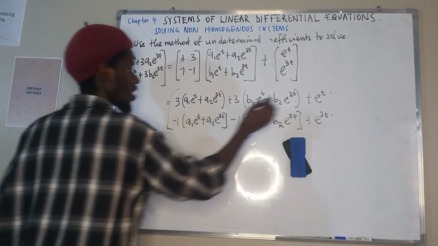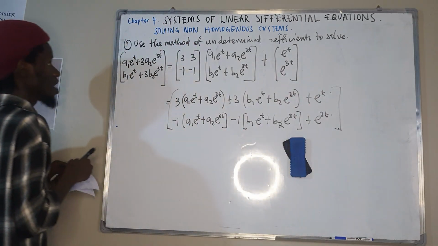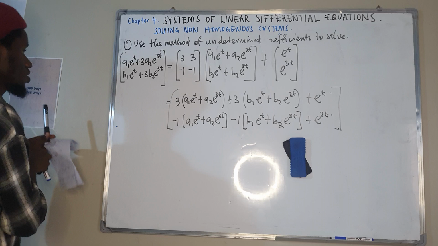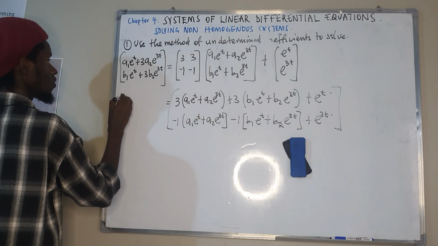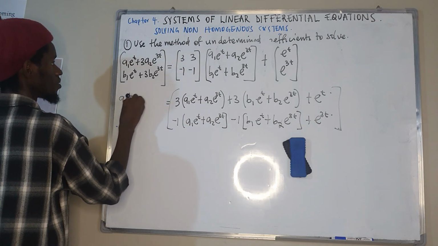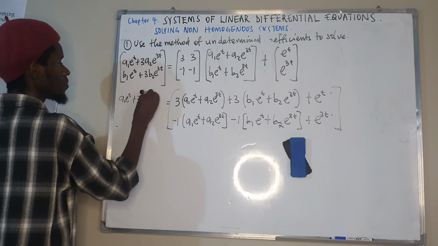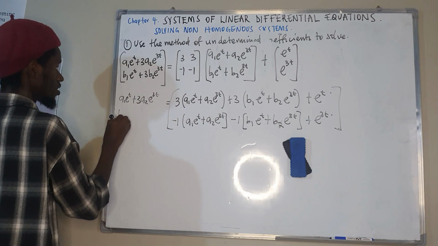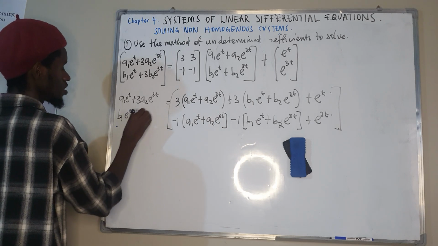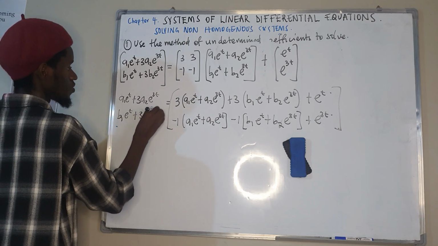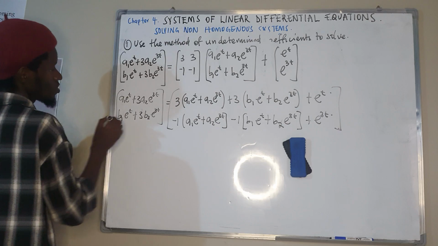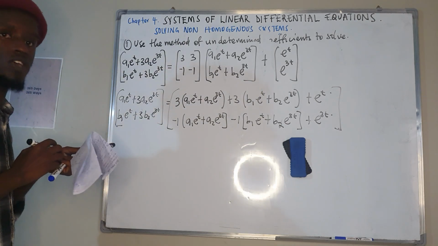And then this is just our general matrix, which I'm comparing with this matrix here, where I have a1 e power t plus 3a2 e power 3t, then here I have b1 e power t plus 3b2 e power 3t.